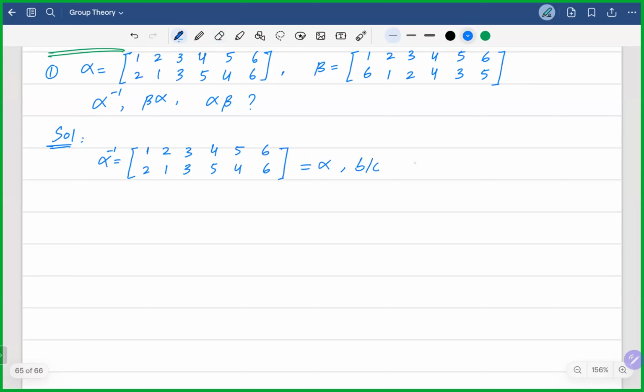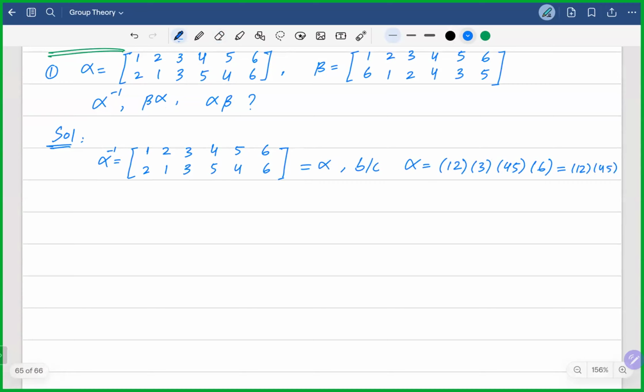Because if you write alpha in the cycle notation, that is 1, 2, 3, 4, 5, and 6. And you can see, if you remove all these fixed ones, you will have 1, 2, and 4, 5.